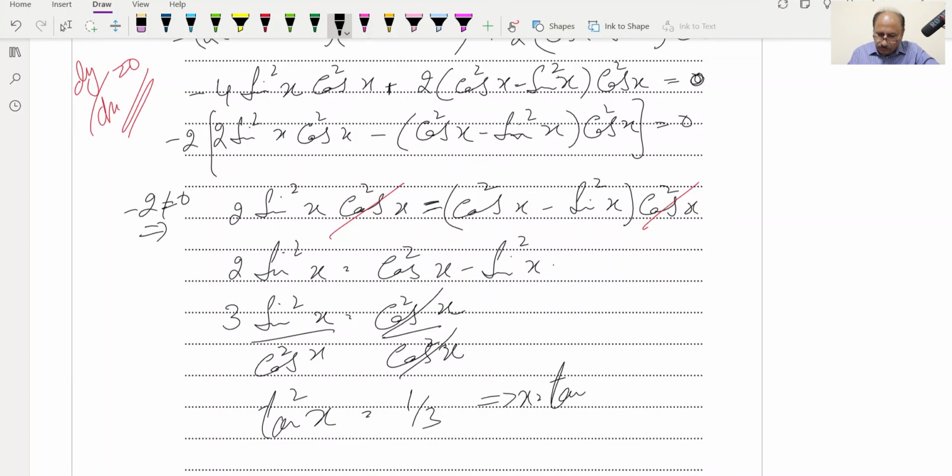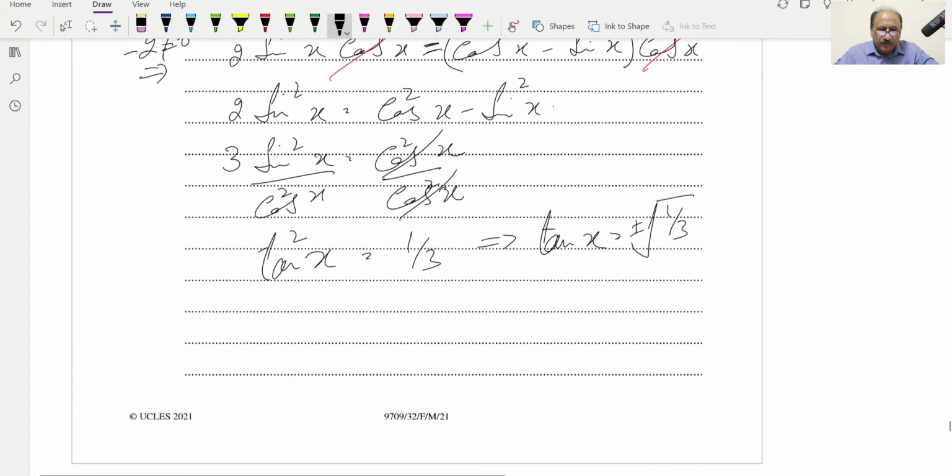And this implies tan x is equal to plus minus under root 1 over 3, and the negative value we will be leaving, and we will take tan x is equal to under root 1 over 3, and under root 1 over 3 will be what?